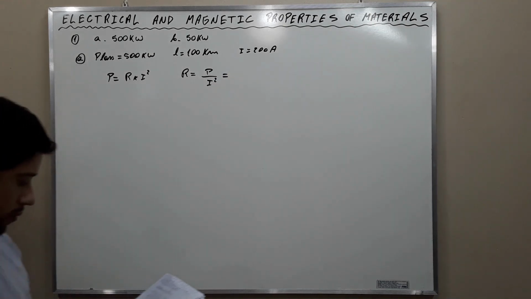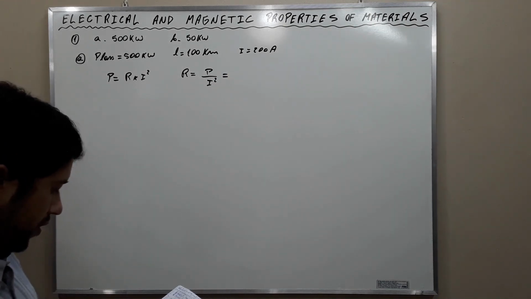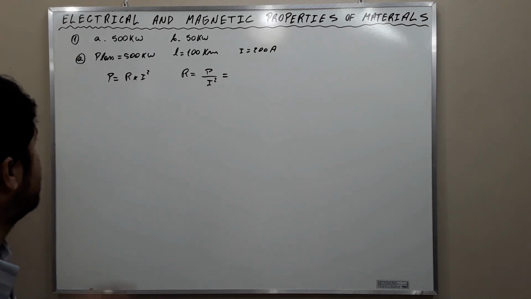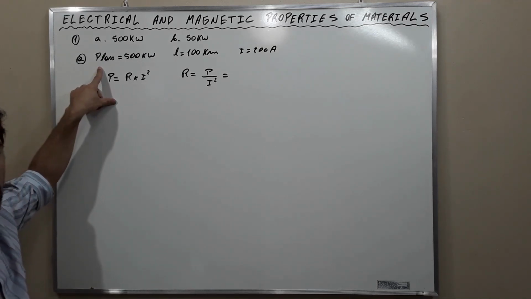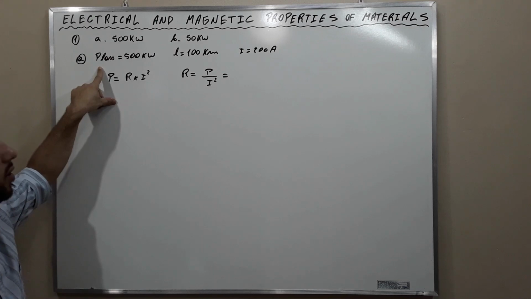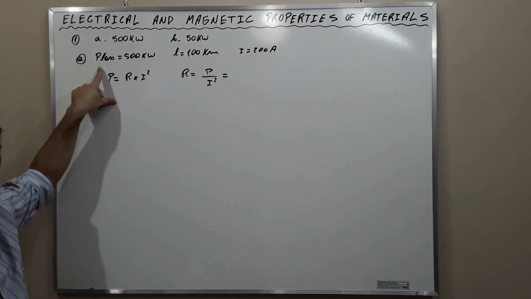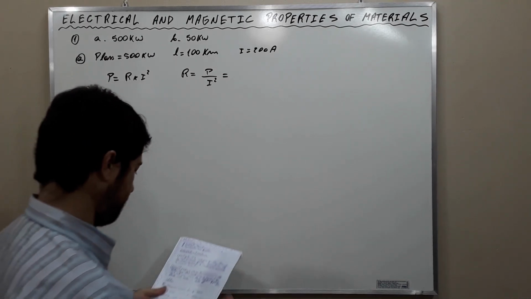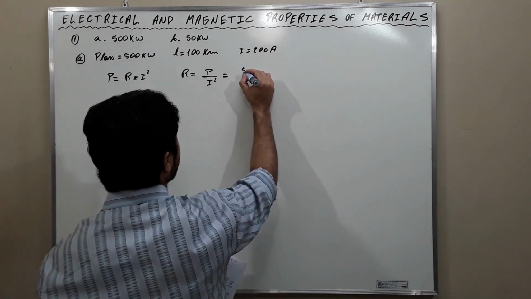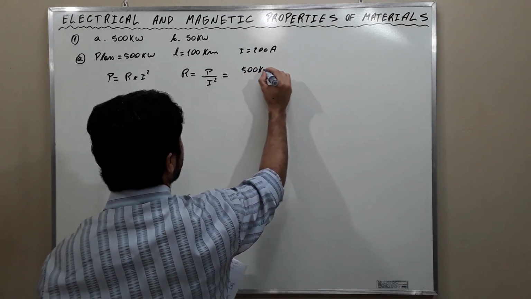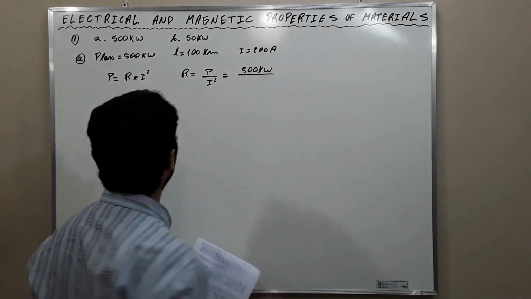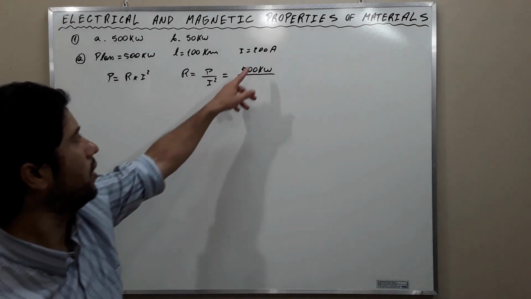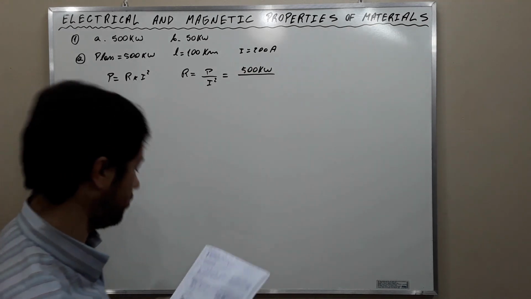The power was said to be 500 kilowatts. This is the maximum power that may be lost along the length of the cable. And the current is 200 amperes.